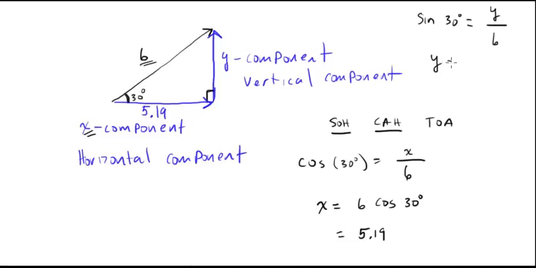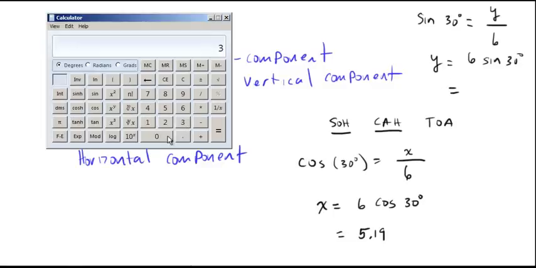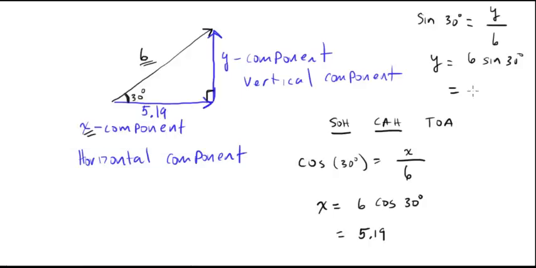So y equals 6 sine 30 degrees. Take out my calculator. 30 sine times 6 equals 3. So I can see now that in this case I've gone exactly 3 miles north.